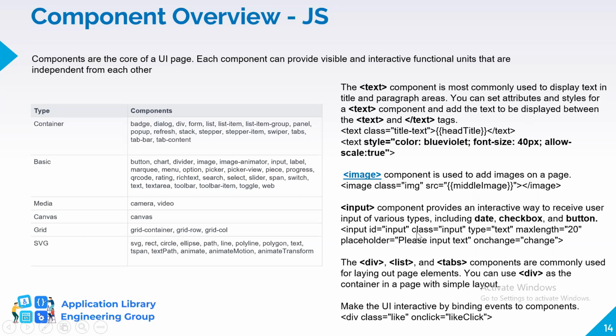The input components can be of different types, like text input, checkbox, button, etc. And as we discussed, there are some more container components which act as layouts mainly. Each UI element can have some interactions by binding events like on click, on touch, on focus. This is a brief introduction about components.